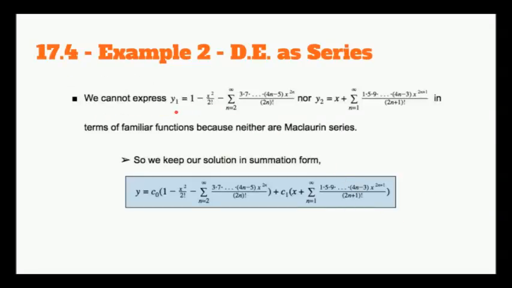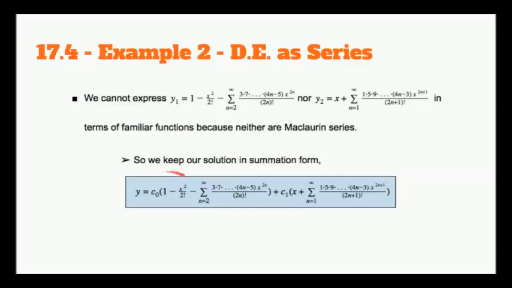Now we cannot express y1 equal to 1 minus x squared over 2 factorial minus the sum of 4n minus 5 times x to the power of 2n over 2n factorial, nor y2 equal to x plus a sum of 4n minus 3 times x to the power of 2n plus 1 over 2n plus 1 factorial in terms of familiar functions, because neither are Maclaurin series.